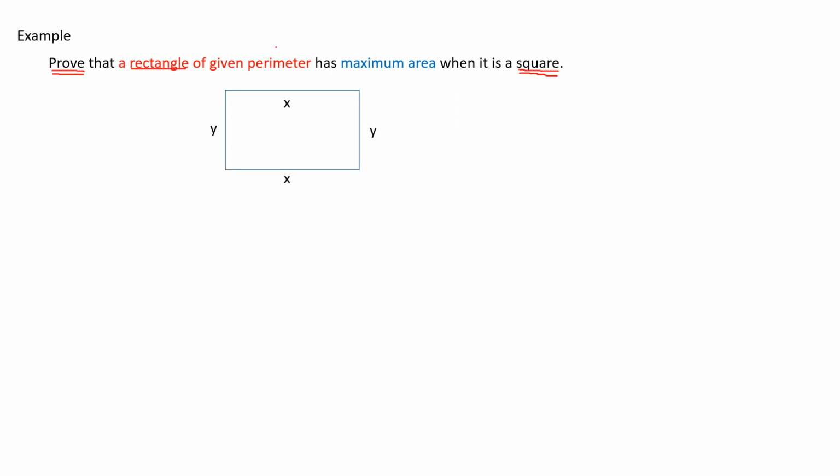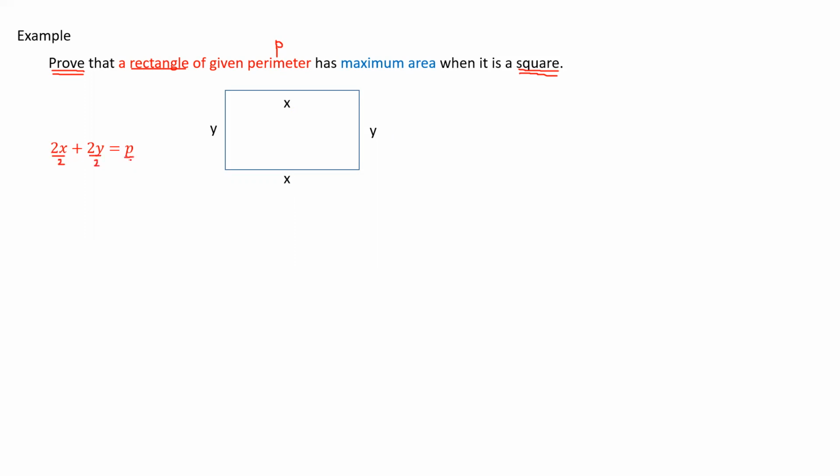Now, given a perimeter just means that there's some number for the perimeter, and I'm going to call my perimeter P. So the perimeter is fixed. It's not a variable. We're just using a letter to represent the perimeter. Perimeter of a rectangle, 2x plus 2y, and the answer for the perimeter is P. We could then simplify that, divide everything by 2.